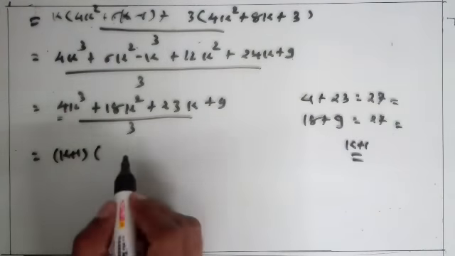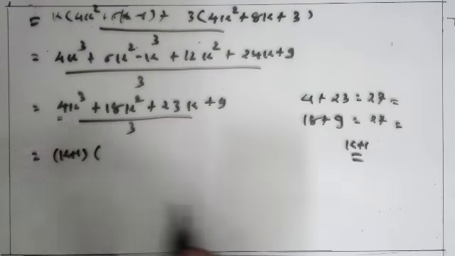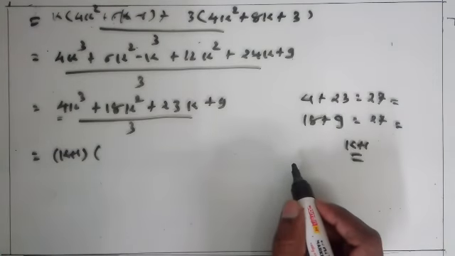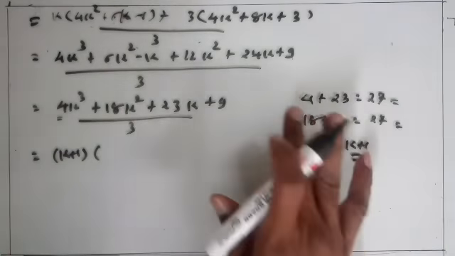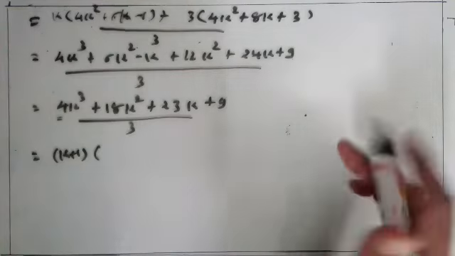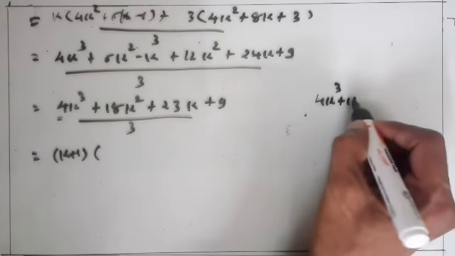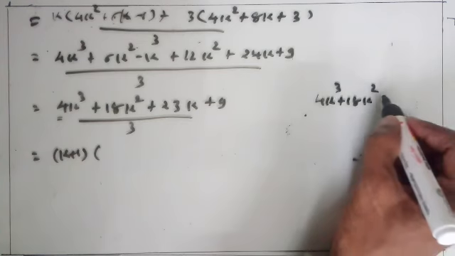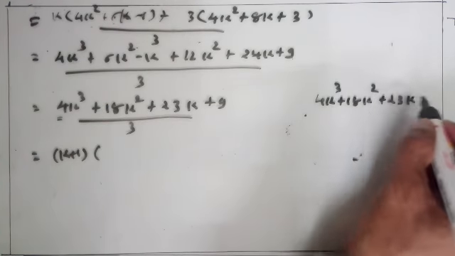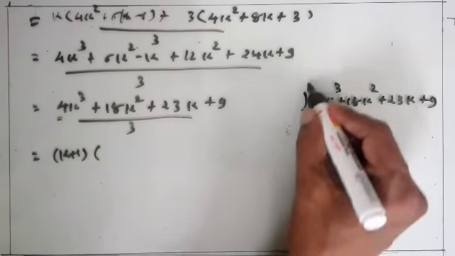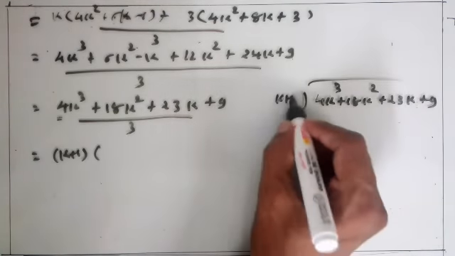Now think how to get the second factor. Using the simple division method, get this second factor: 4k raised to 3 plus 18k square plus 23k plus 9 divided by k plus 1.